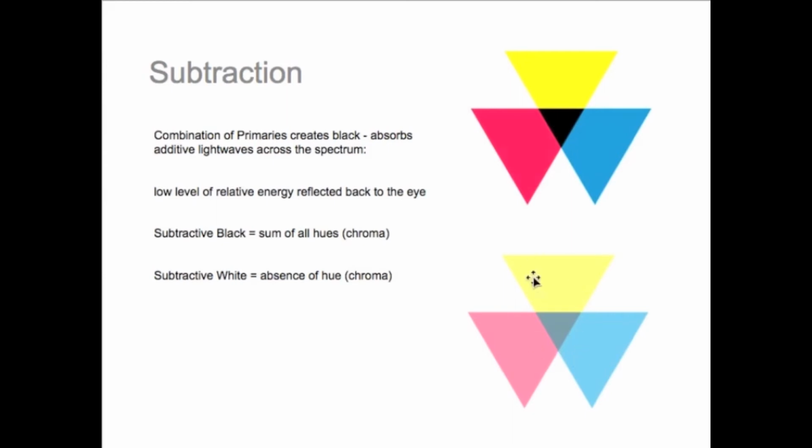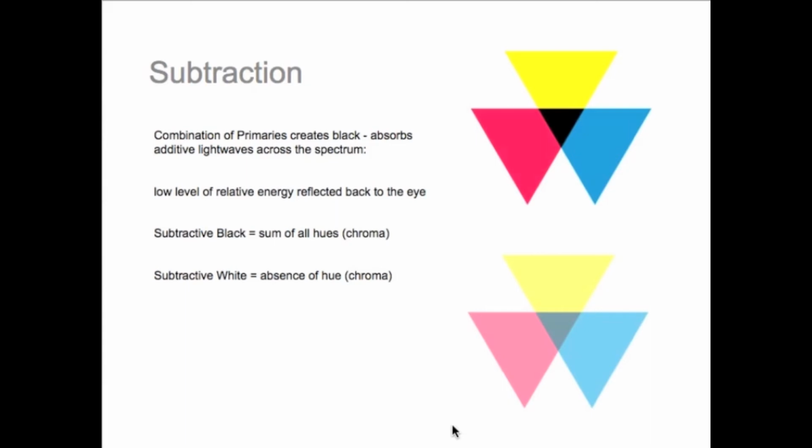If you reduce the 3 primaries to, say, a 50% screen and mix them together, you're going to get about a 50% gray. Subtraction still happens, but when we have more light reflected off the surface, the black will lighten up into grays.